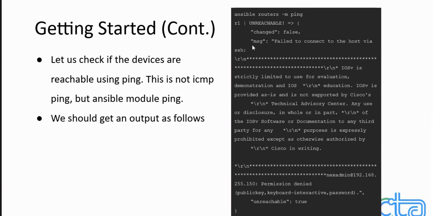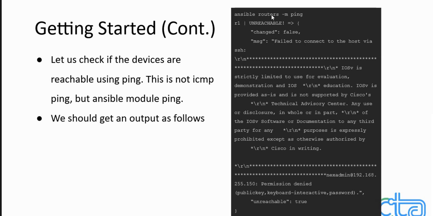Now you want to ping and check all the routers, whether the routers are up, right? Instead of saying Ansible R1 ping, Ansible R2 ping, I can simply say Ansible routers.